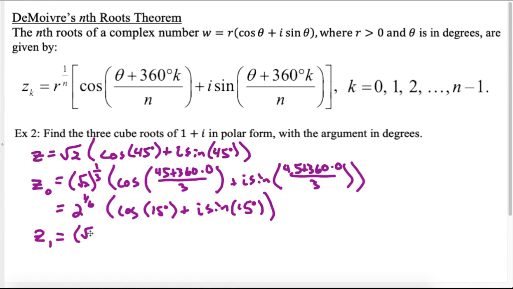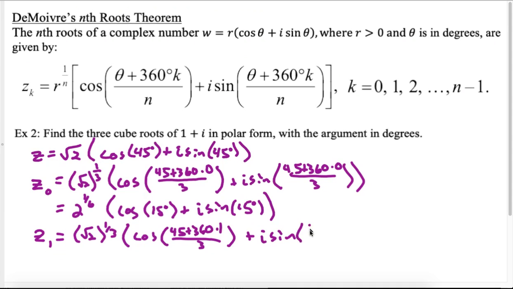So here, I'll have the square root of 2 to the 1/3 power times cosine of 45 plus 360 times 1 over 3, then plus i times the sine of that same angle, 45 plus 360 times 1 over 3.